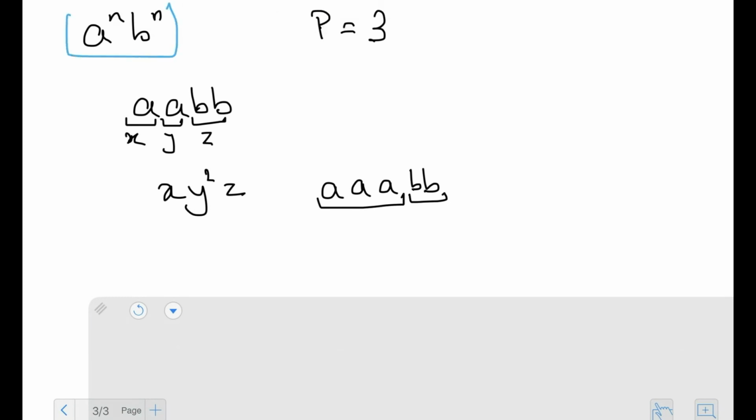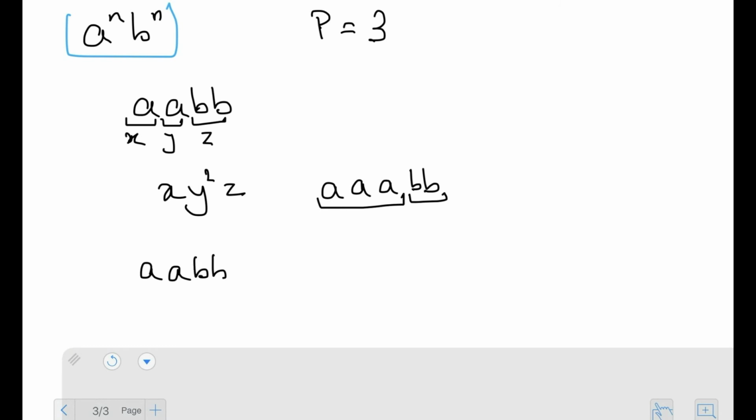And similarly, when I take y in the b part, my b's are going to be more and a's are going to be less, so that won't work either. So maybe the third condition is I can have y to be AB, so this is y, and this is x, this is z.